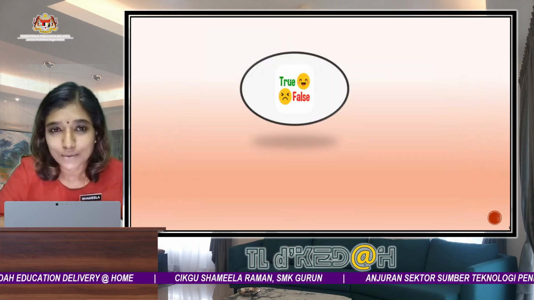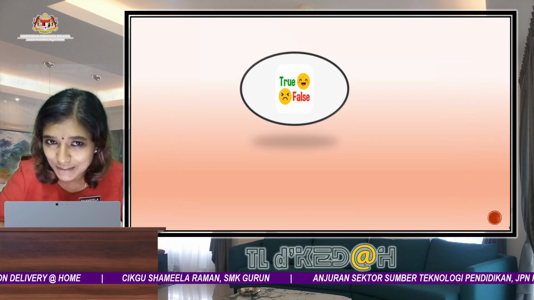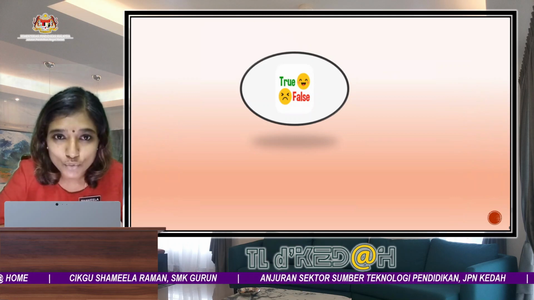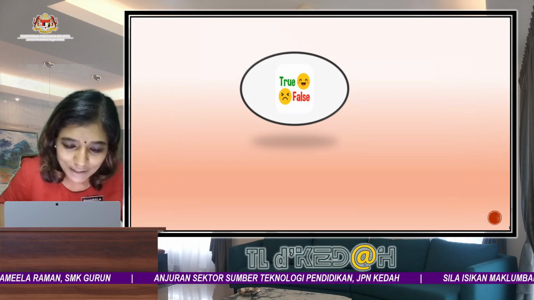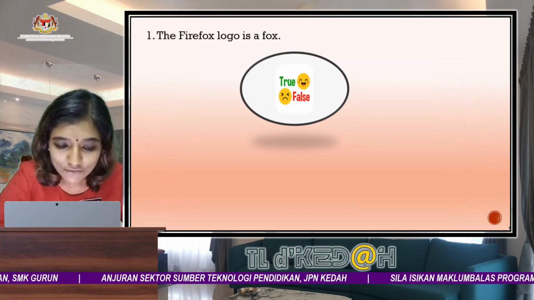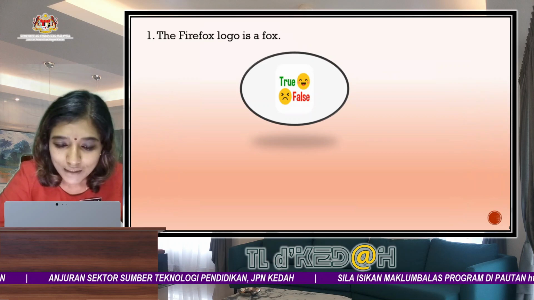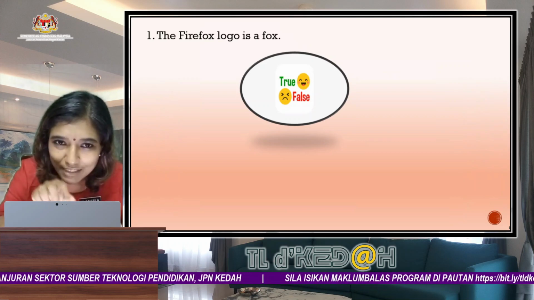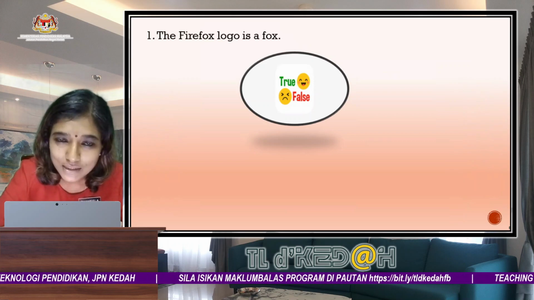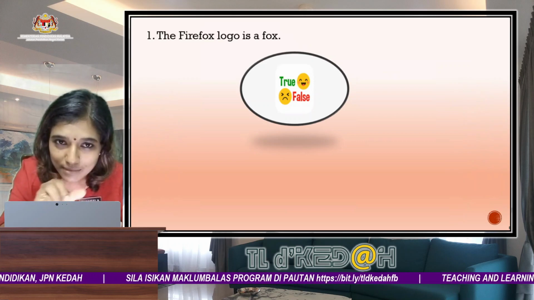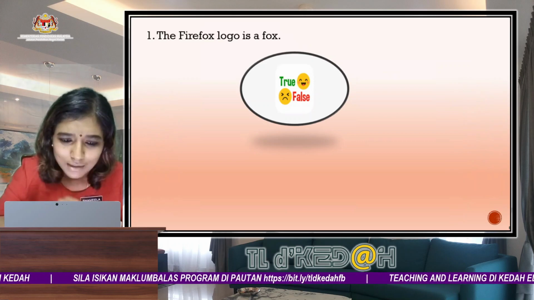Now I'm just going to be testing your strategies. You're going to look at true or false. You decide. Look at the sentence I'm going to share with you. First, the Firefox logo is a fox. You know the icon, it's always in your computer, and you see it's like an earth surrounded by something.